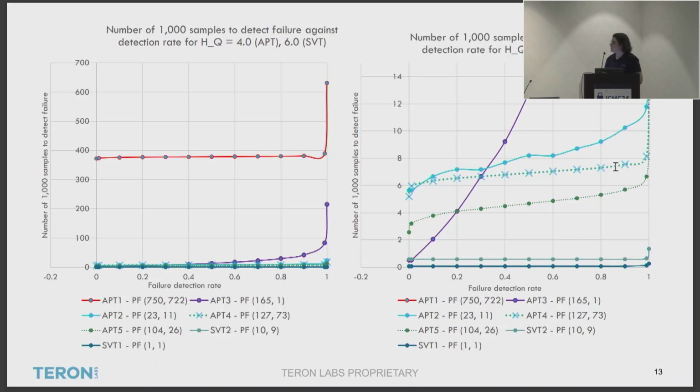The dotted lines are the 64 window size APTs. So you remember there was 2 of those. And so we can say we can detect 50% of the time that the data is bad with about 7,000 samples in the top one there, or about 5,000 samples in the bottom one.